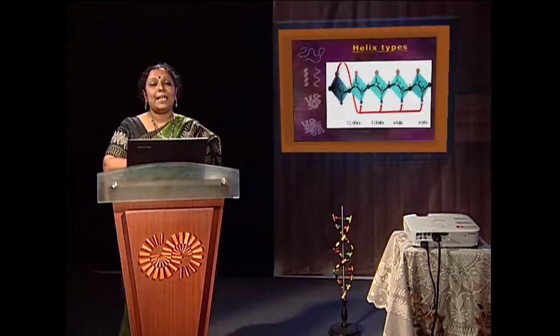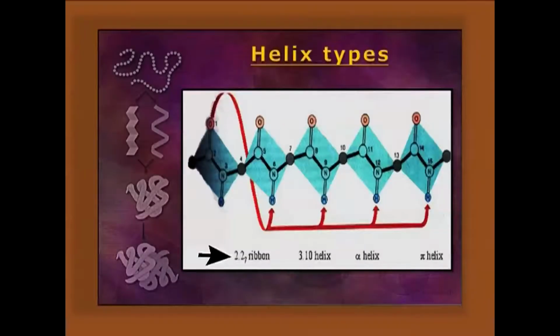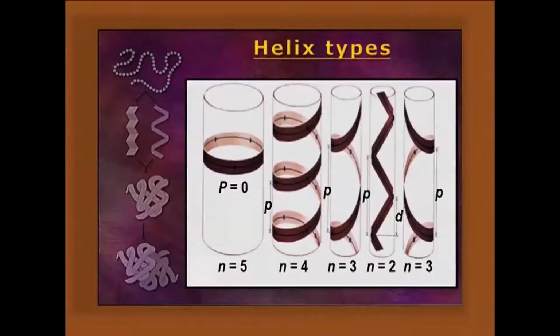Let's see the helix types. From here you can observe the 2.2-7 helix, the 3.6-13 or alpha helix, the 3-10 helix, as well as the pi helix. By different numbers of residues per turn, different pitch and different rise, different types of helices can be made according to the geometry.